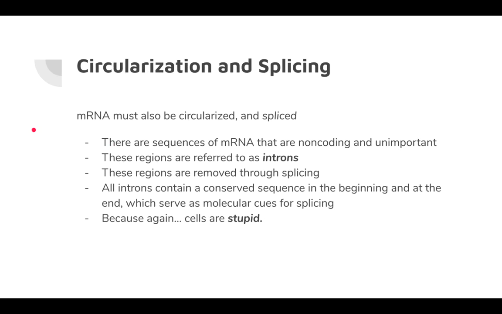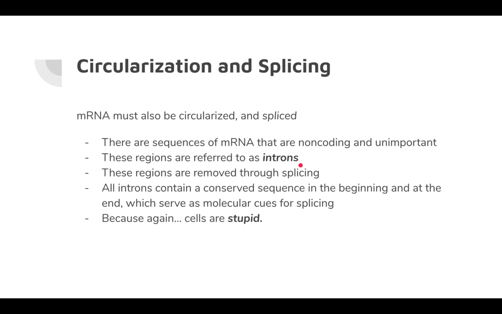Even more importantly, though, is circularization. Without that shape, you're not really an mRNA that's ready to go. And on top of that, we had to splice because in mRNA sequences, there are some portions that are just not important that we don't need. And those unimportant regions are referred to as introns. So we have to sort of splice them out.